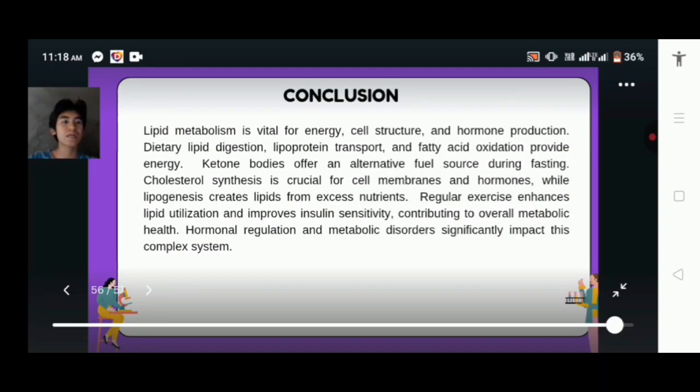Cholesterol synthesis is crucial for cell membranes and hormones, while lipogenesis creates lipids from excess nutrients. Regular exercise enhances lipid utilization and improves insulin sensitivity, contributing to overall metabolic health. Hormonal regulation and metabolic disorders significantly impact this complex system.